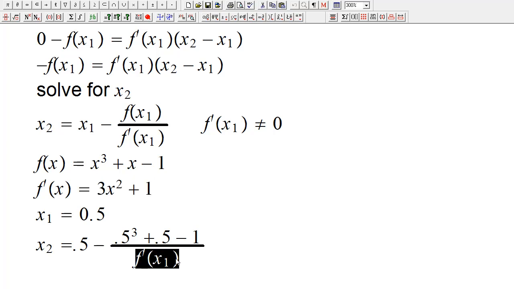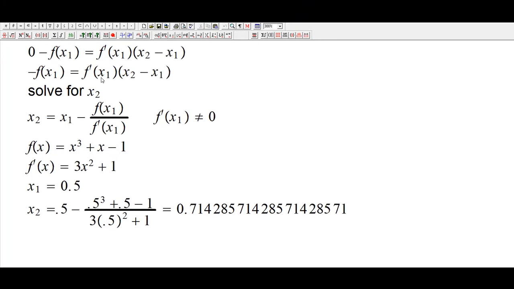Let's go ahead and substitute it. So we have x equals 0.5 again. Then what do we have?